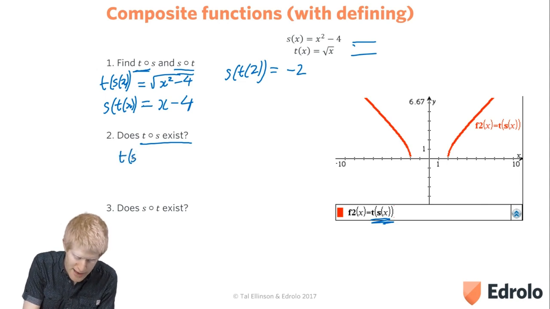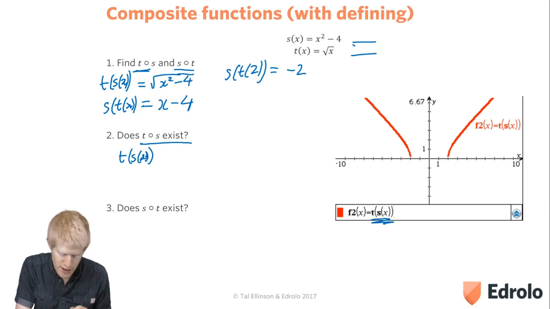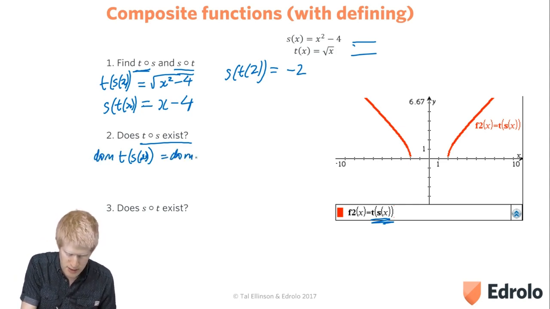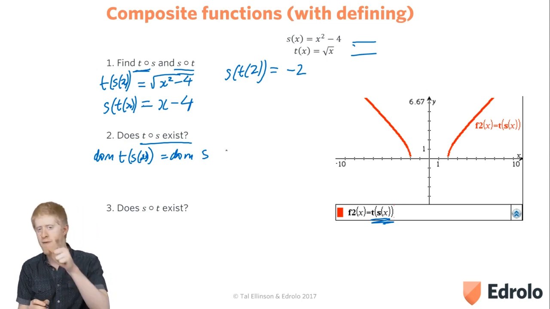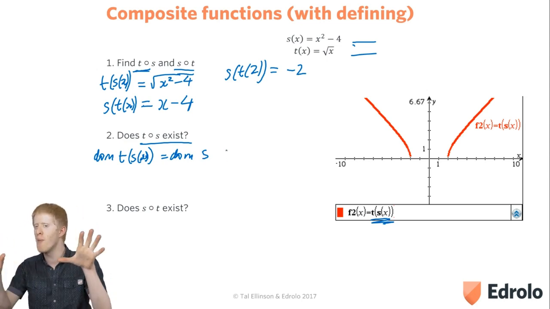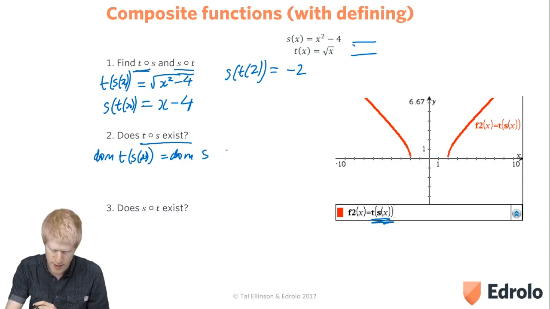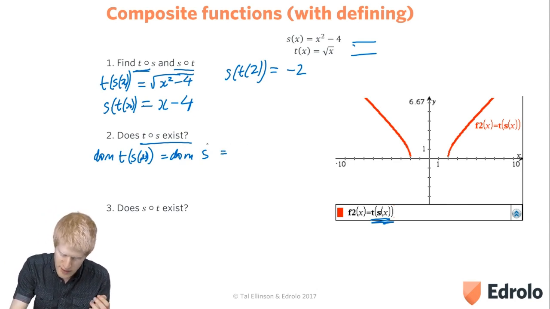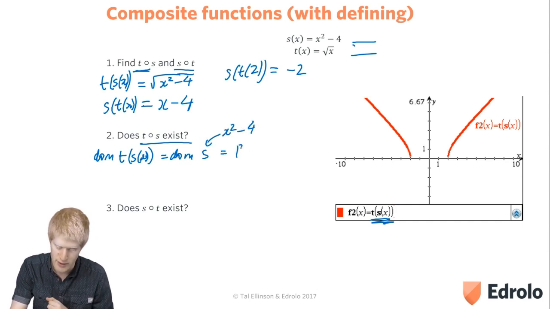For t of s of x, we know that the domain of a composite function is the domain of the inside, so it's the domain of s. And if you didn't restrict the function, as in if the composite function existed fully, then the domain should just be, well, what's the domain of s? S is x squared minus 4, that's all real numbers.